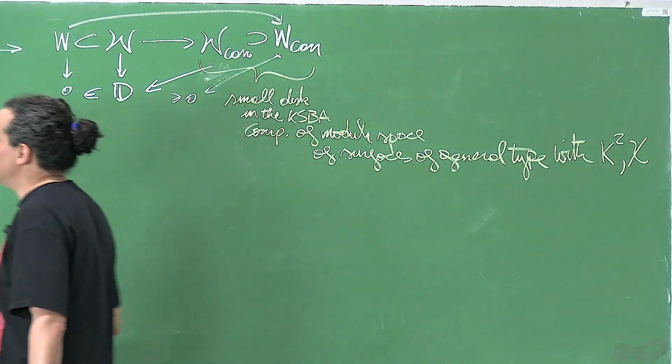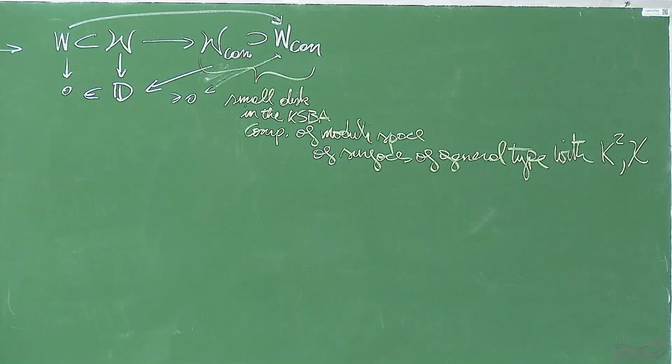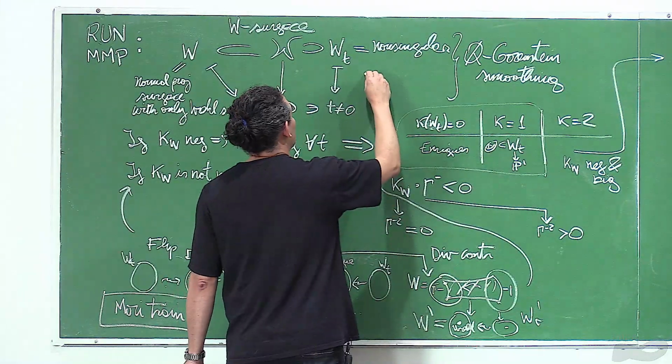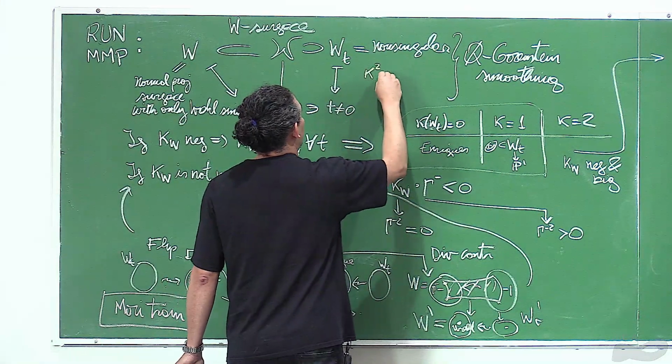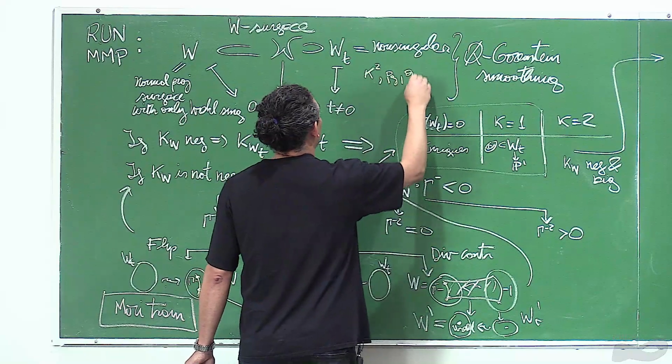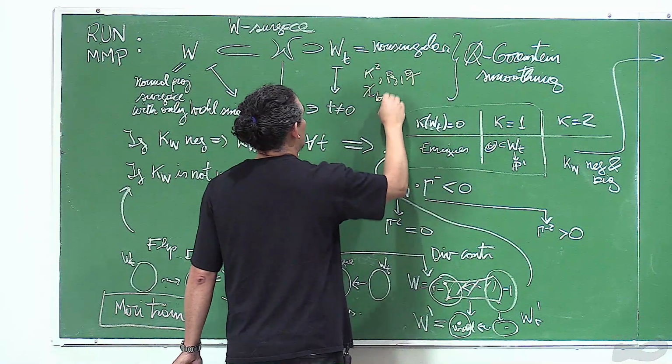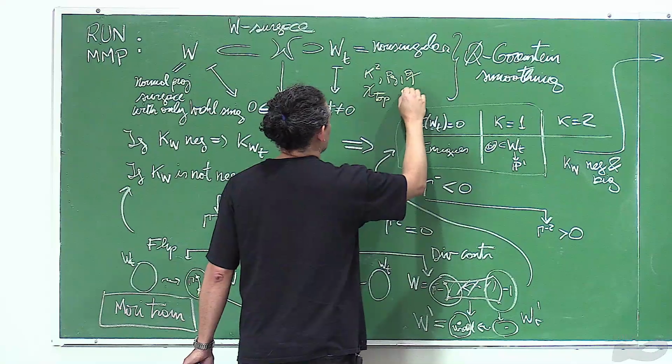And by the way, remember that here there are invariants that stay constant. For example, K squared, p_g, q, and the topological Euler characteristic are all constant.